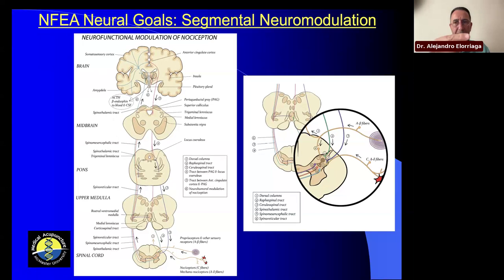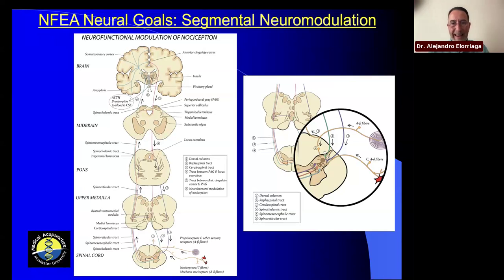The tail flick latency decreased, showing that the rat was not as bothered as before the treatment, and then they extracted blood from that rat, injected that blood in another rat, and surprisingly, the other rat also decreased the tail flick latency in response to a noxious stimulus, proving that there was something in the blood that had been triggered by the acupuncture treatment.